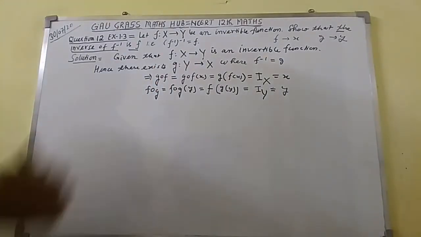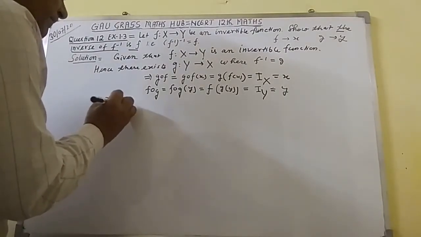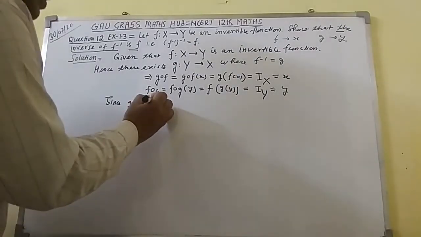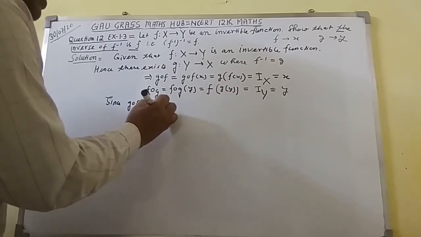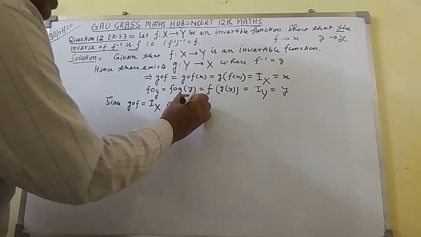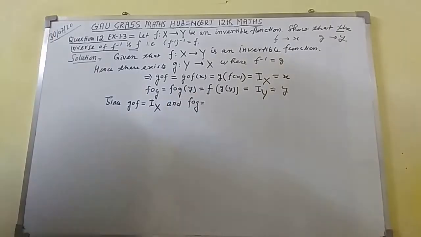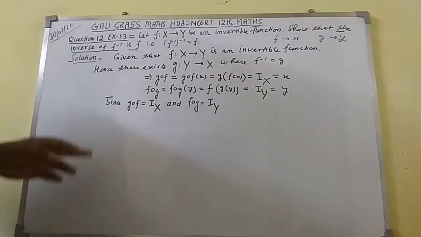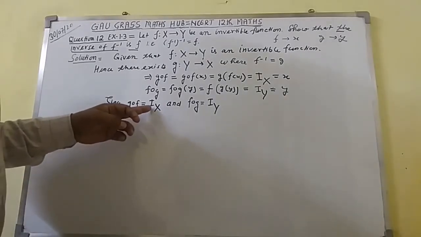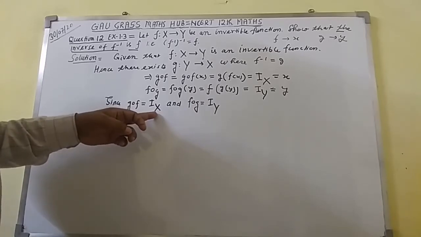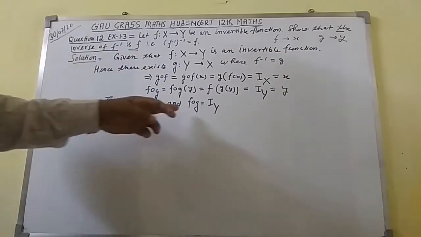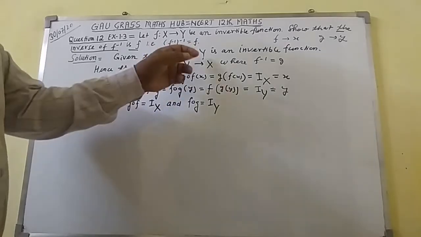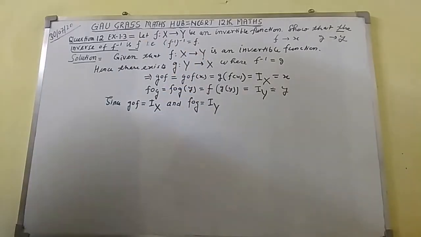So here you have got g o f equal to the identity function on capital X, that is the domain, and f o g equal to the identity function on capital Y, that is the range.